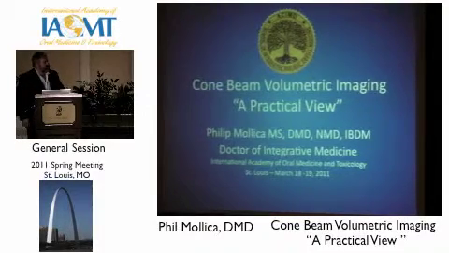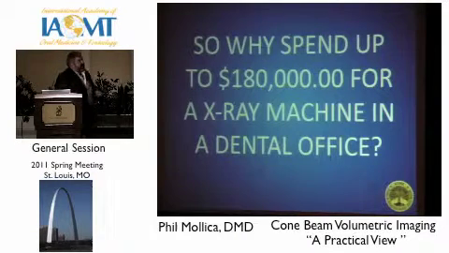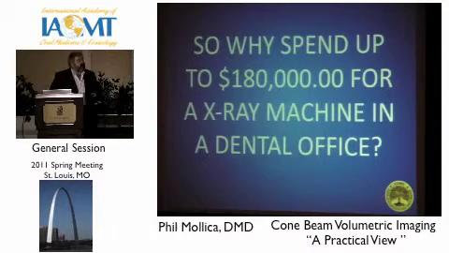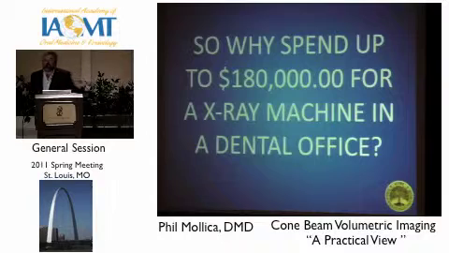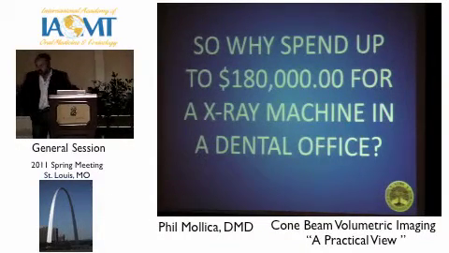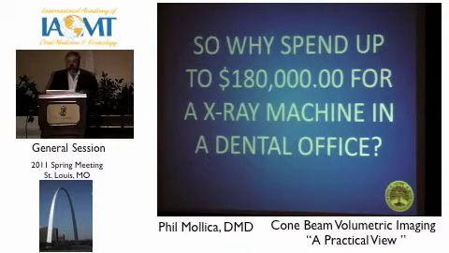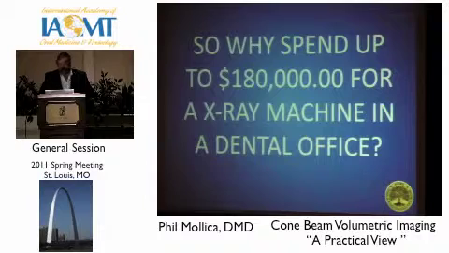Let's see if this works. There we go. So, why spend up to $180,000, or our iCAT cost $186,000, for an X-ray machine? Now, you could spend less. I have the iCAT, and I'll show you a picture of that in a minute. And there's a baby iCAT, and there are different systems out there.